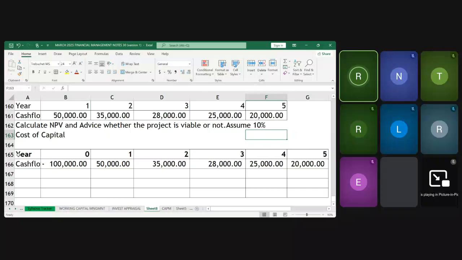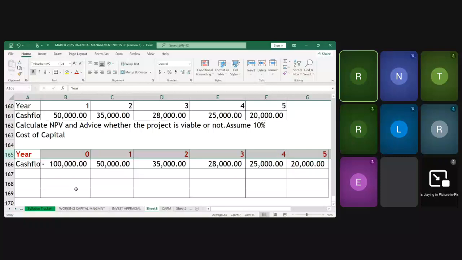Is my speed still okay, my friends? You may need to do this on your laptop, please. Okay. Because we want to learn how to do NPV. We are going to calculate our NPV in 2 ways. And then the third way, I tell you what to do.